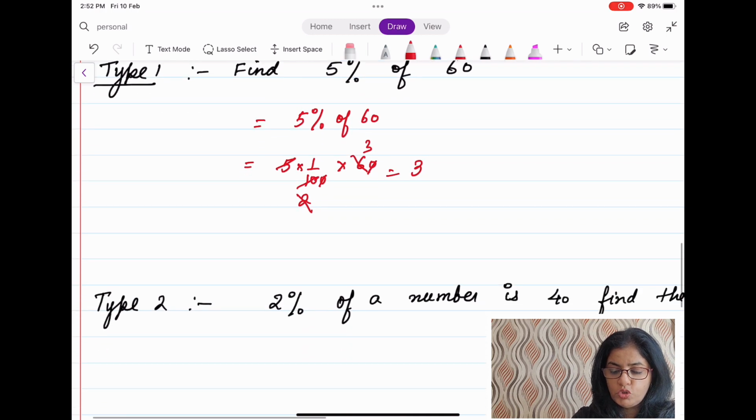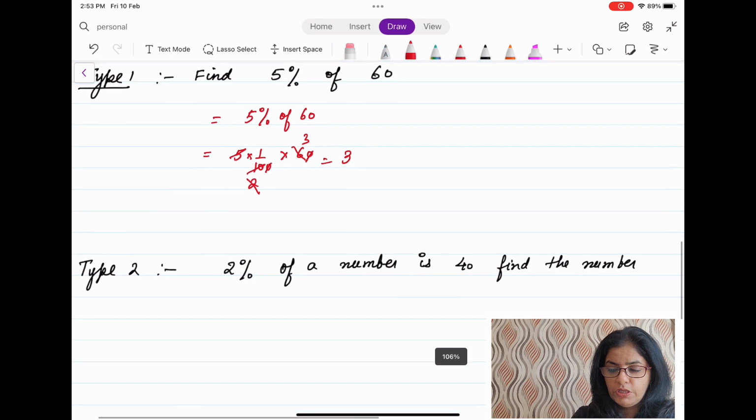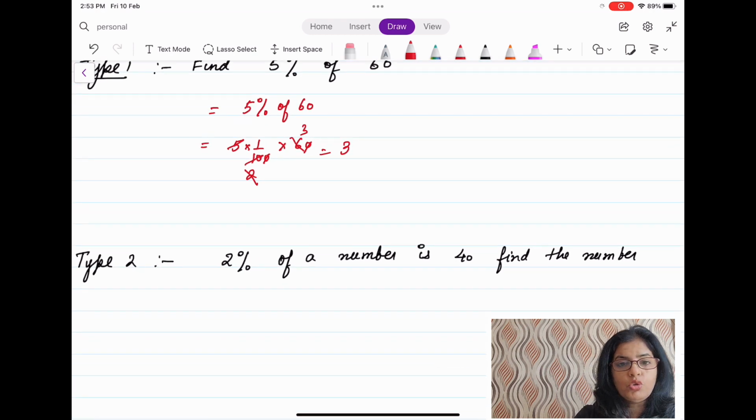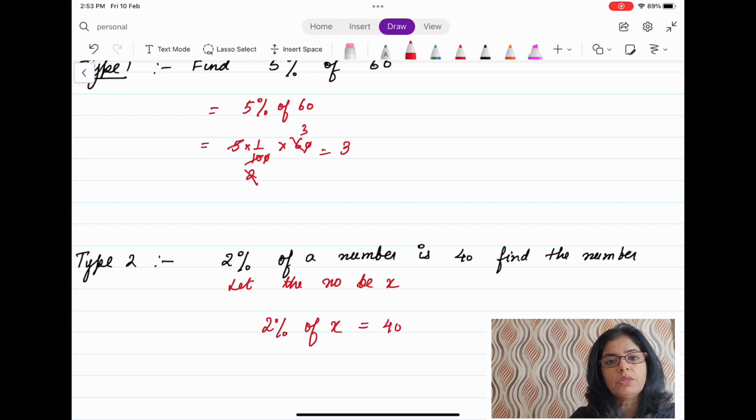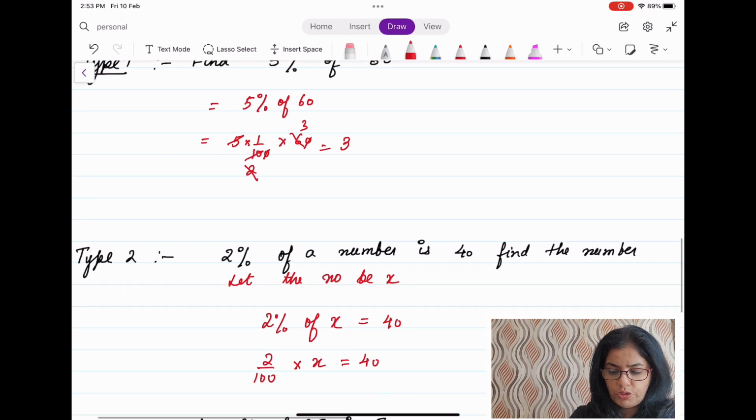The second type is: 2% of a number is 40, then find the number. 2% of a number, let the number be x. So 2% of x is equal to 40. Once we change this statement into a numerical statement, we can solve it. Now 2% means 2 upon 100. Of means multiplication, x is equal to 40.